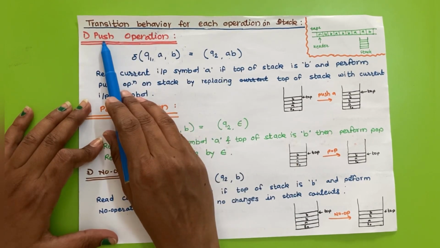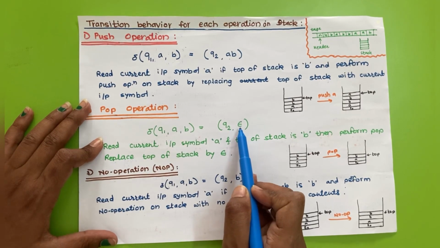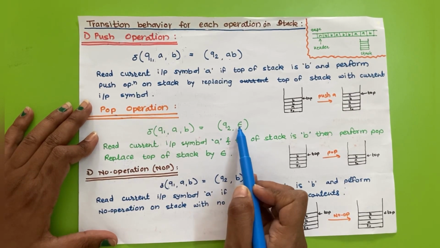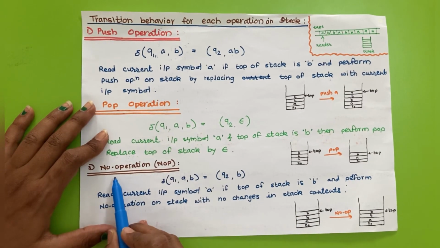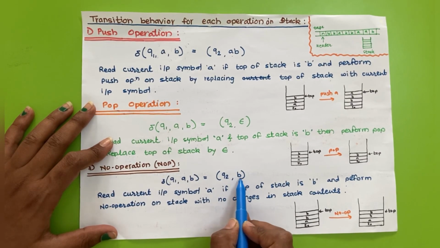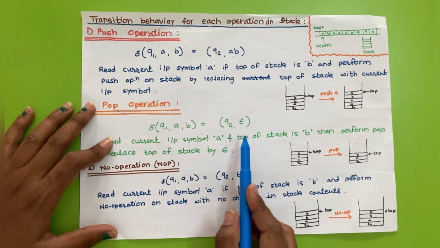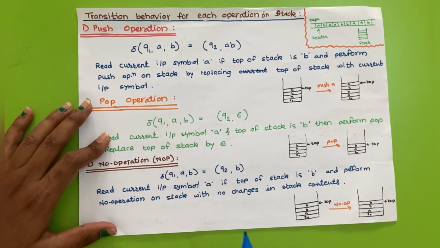If the second symbol has length 1 and that single symbol is empty, then that is the pop operation. And in case of no operation, in the output pair, if we have the second symbol as any symbol other than empty, then that will represent the no operation.